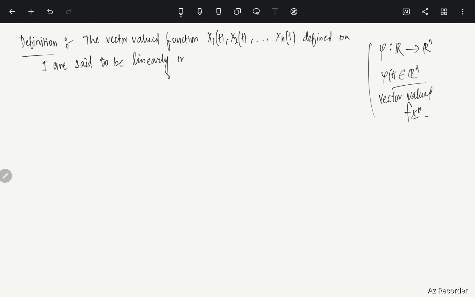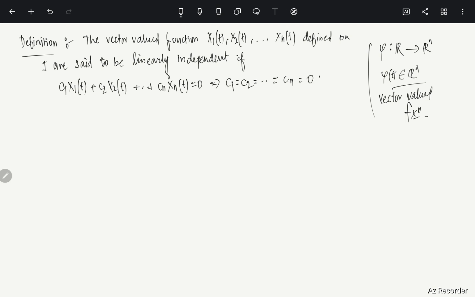So this is basically the same idea as what we do in vector spaces for general vectors, but here just for functions. If c1 x1(t) + c2 x2(t) + ... + cn xn(t) equals 0 implies, as you know for linear independence, that c1 equals c2 equals ... equals cn equals 0.